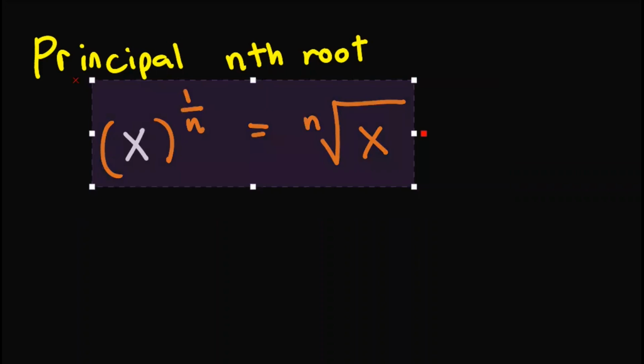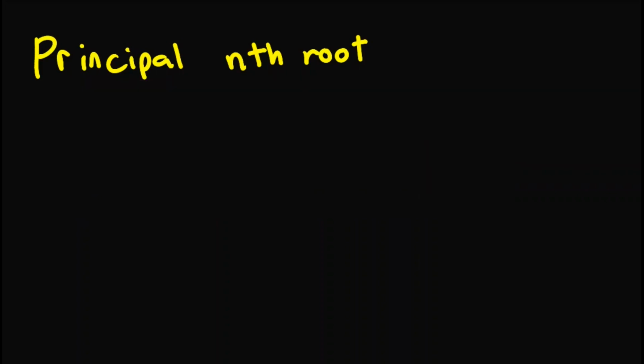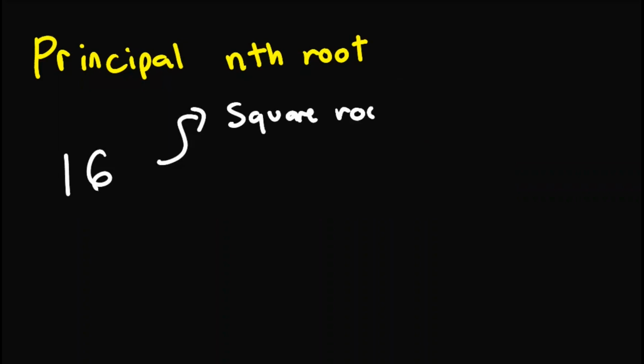So let's have this as an example. Let's have 16. To get its square root, the square here signifies n is equal to 2. So we'll have 16 raised to 1/2.